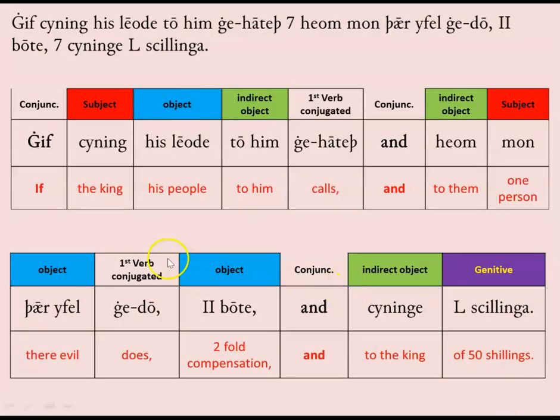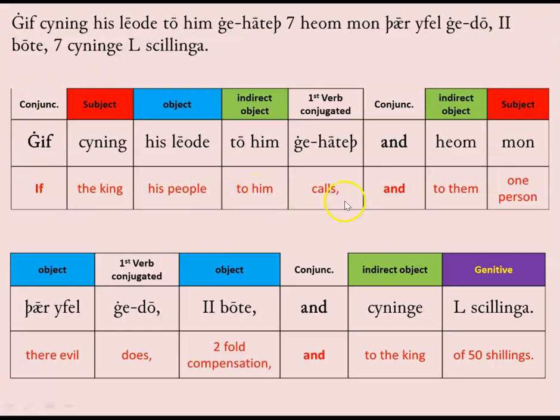Here we go. Yif kuning his leerde to him je hateth, and her monthar uvel yedo toa bota, and kuning 50 shillinga. So you can imagine that just being read out in an assembly somewhere. He's laying down the law.